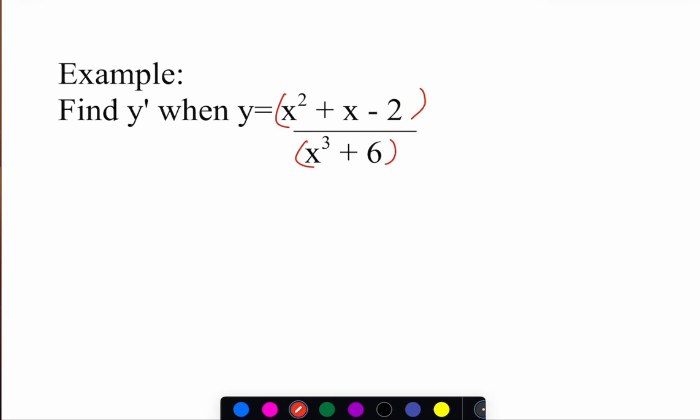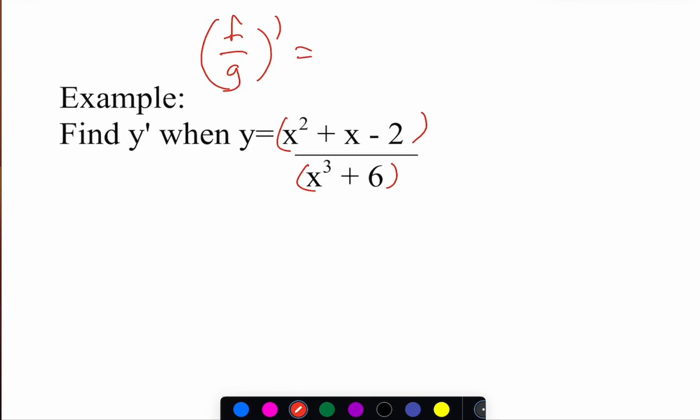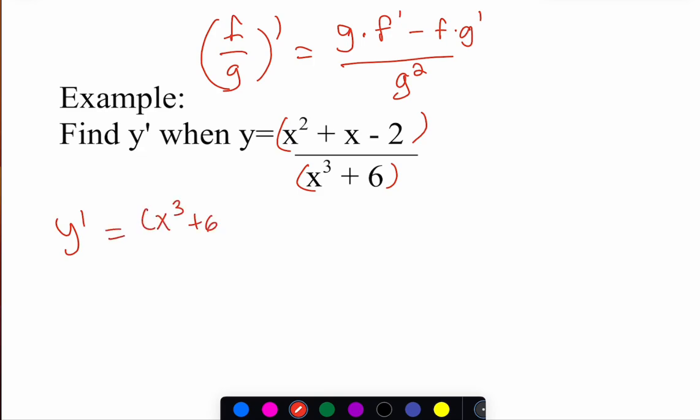So it's a quotient. The quotient rule says that the derivative of a fraction is the bottom times the derivative of the top minus the top times the derivative of the bottom, all over the bottom squared. Okay, so let's do the derivative. We're going to write down the bottom.